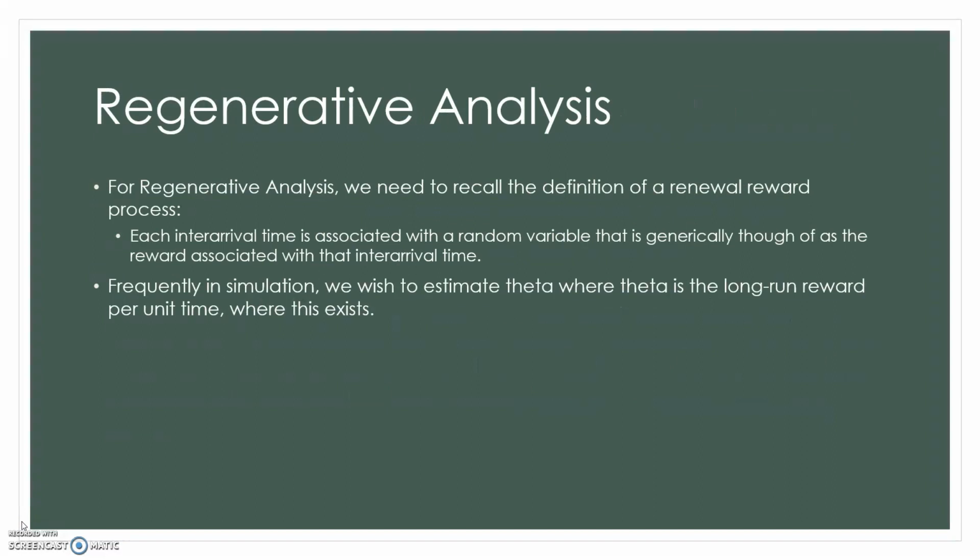So finally, we're going to talk about regenerative analysis. For this, we need to recall the definition of a renewal reward process. Each inter-arrival time is associated with a random variable that is generically thought of as the reward associated with that inter-arrival time. Frequently in simulation, we wish to estimate theta, the long-run reward per unit time, where and when this exists.